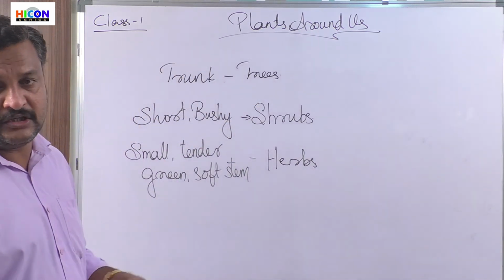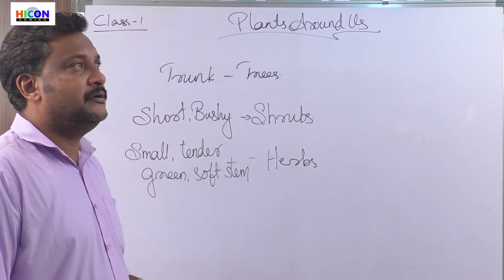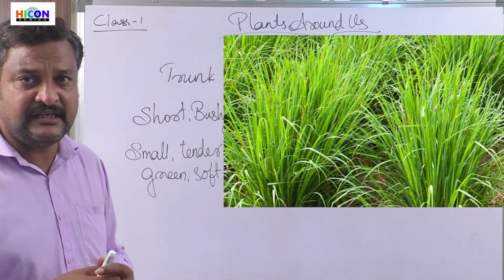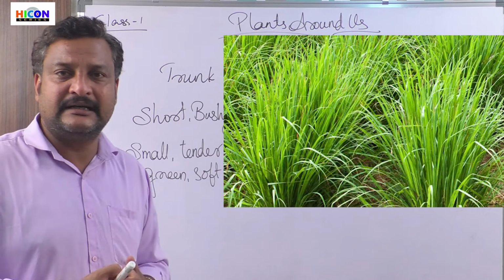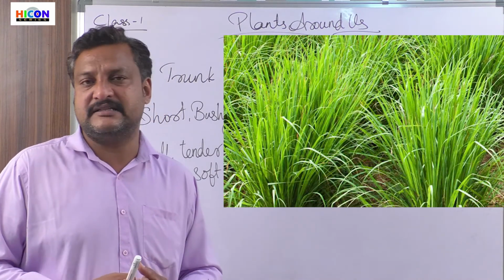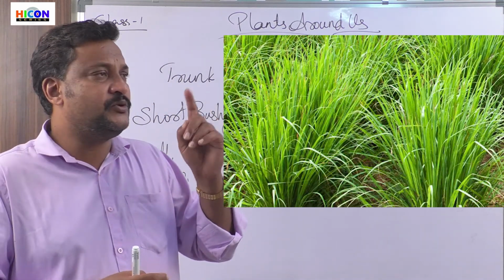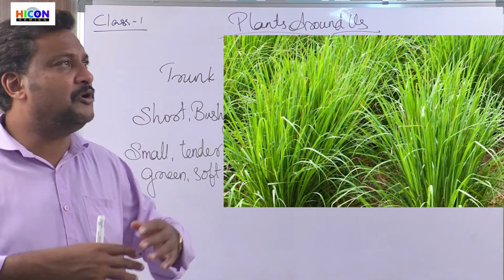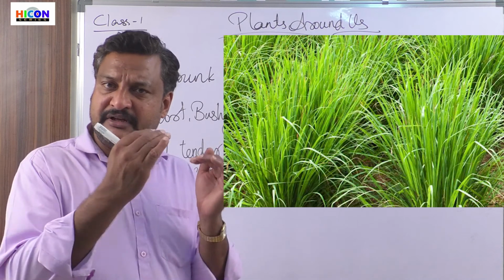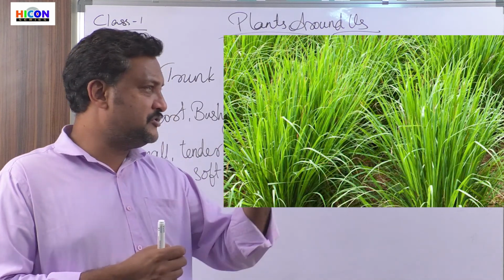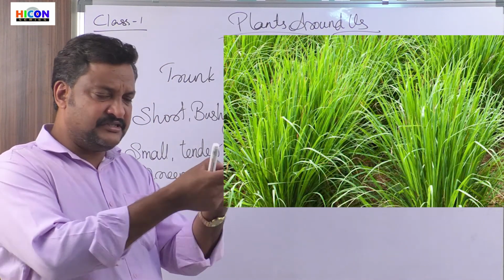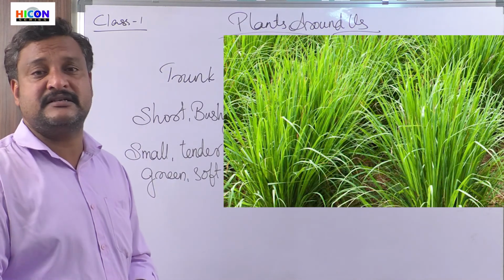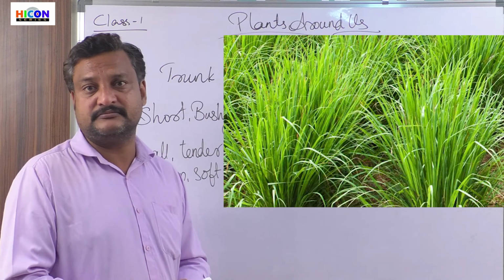Look at this. This is a grass, common grass that we can find on the roadsides and all. This is also a herb. It's also very small. It's not big like a tree. It also is very soft. We can simply tear it with our finger, right? So grass is also a herb, right?